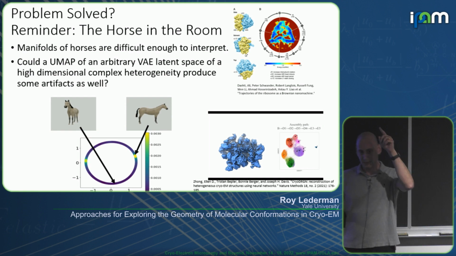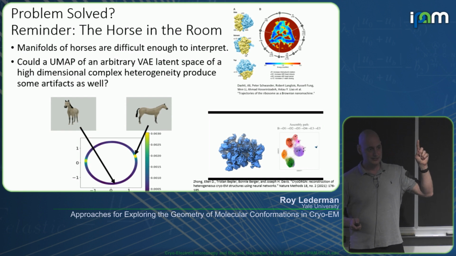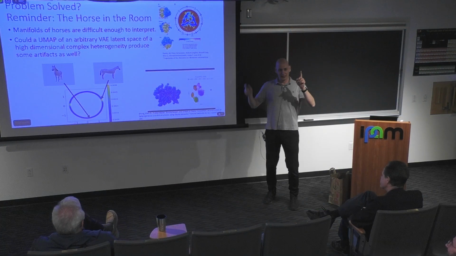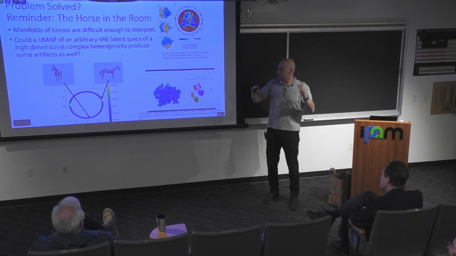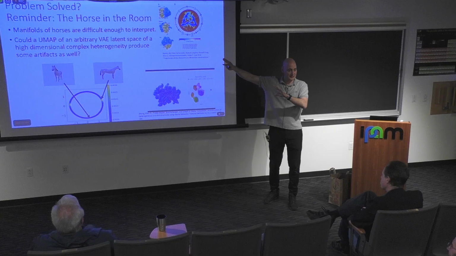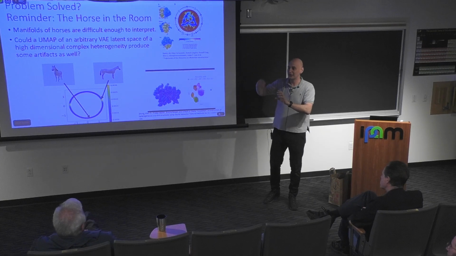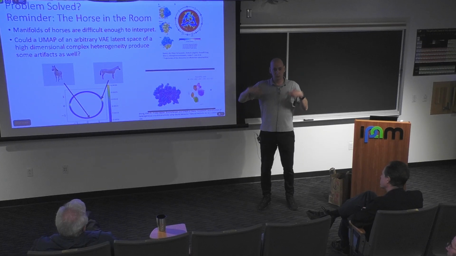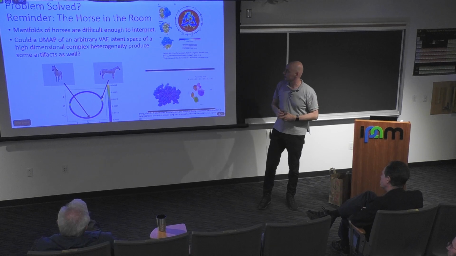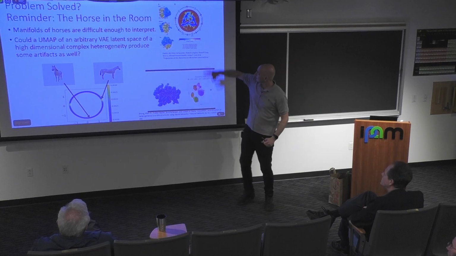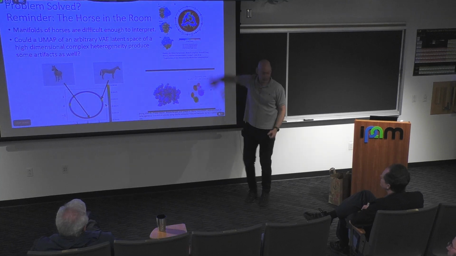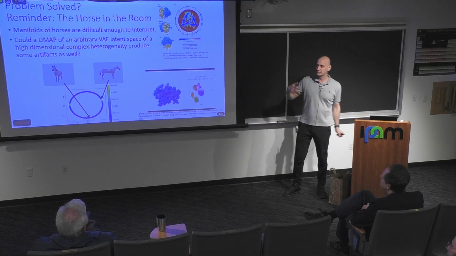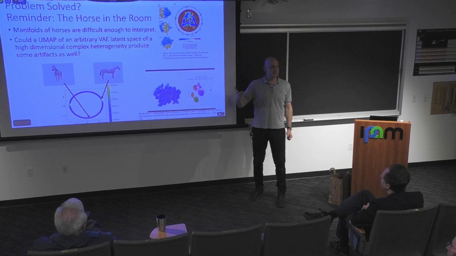So first of all, I want to remind you of the horse in the room. This is just one example of the challenges that are on my mind, especially as we go to more and more complicated heterogeneity. There's this question of how we interpret these maps and how they relate to actual physical states.